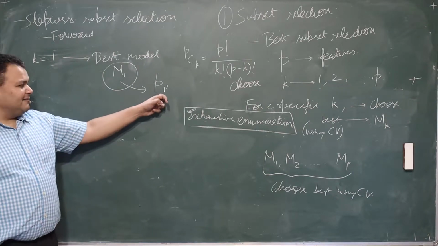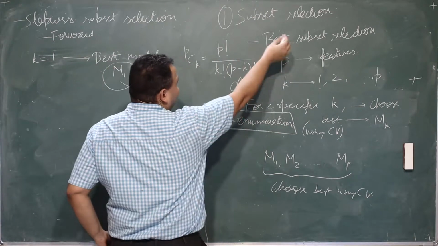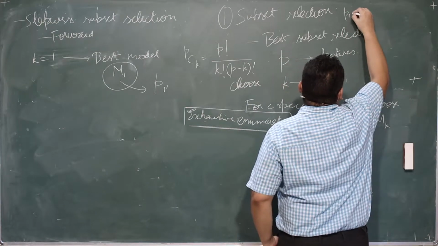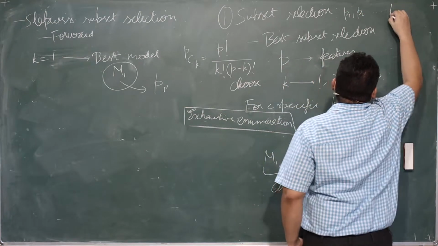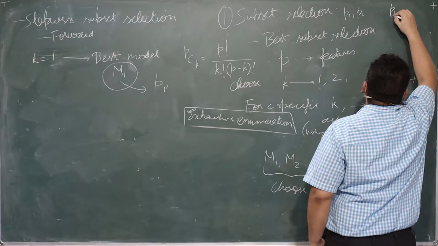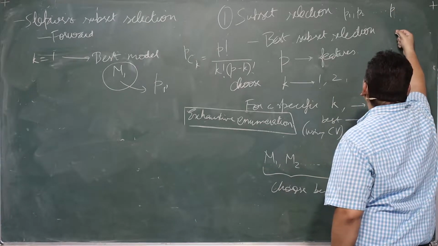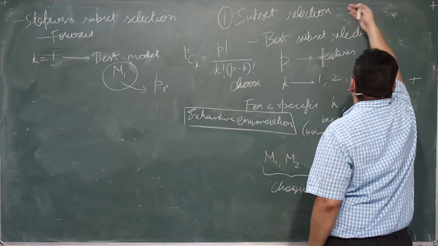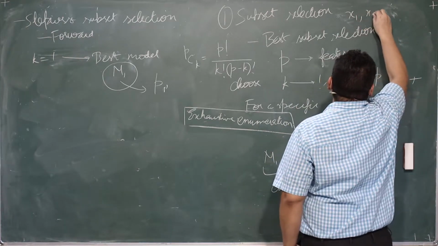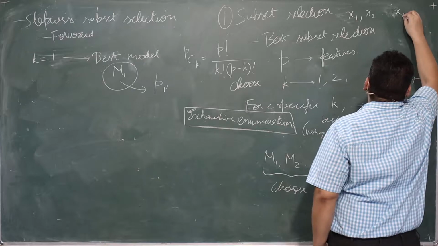Here, please understand that initially your features were, what were they? Oh no, they were not P1, P2. They were X1, X2 and XP.